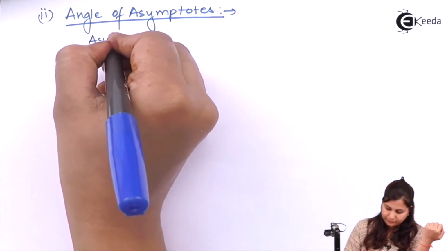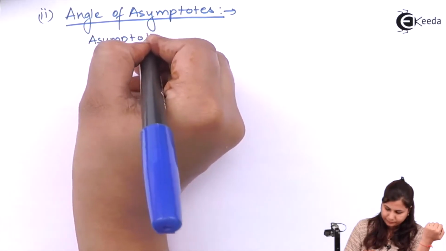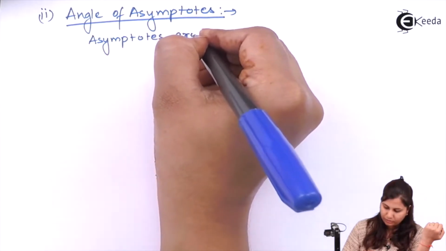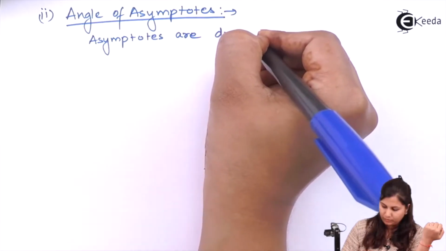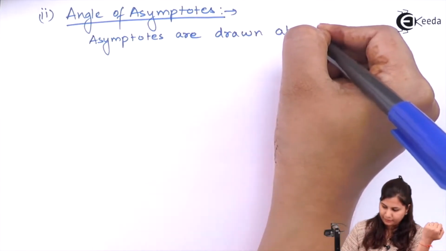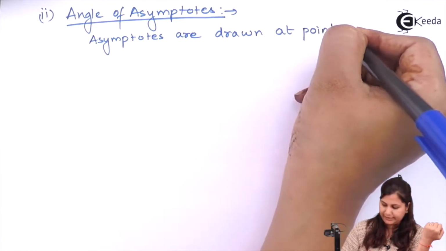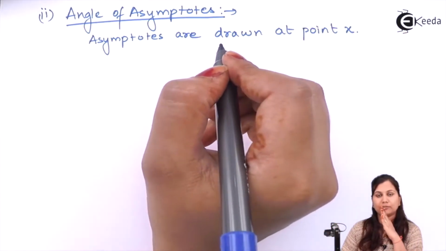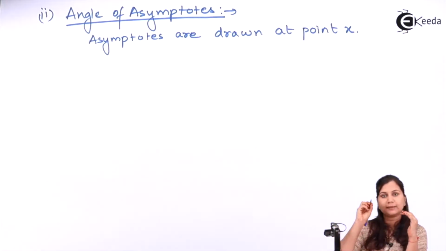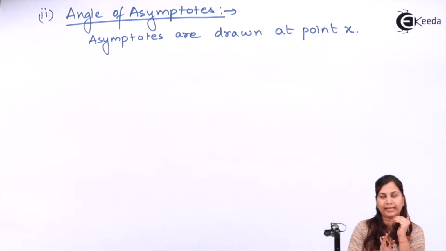Asymptotes are drawn at point x. X is the intersection point, so we are going to draw the asymptotes at this point.